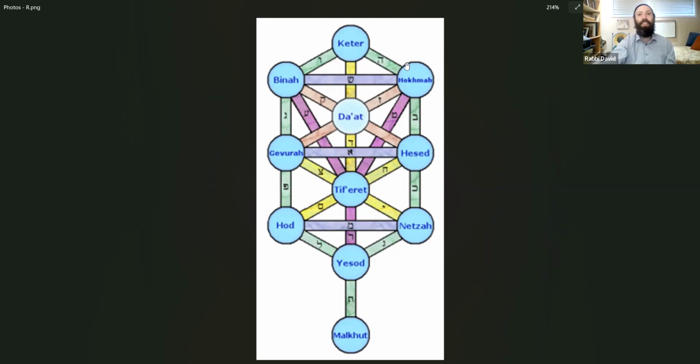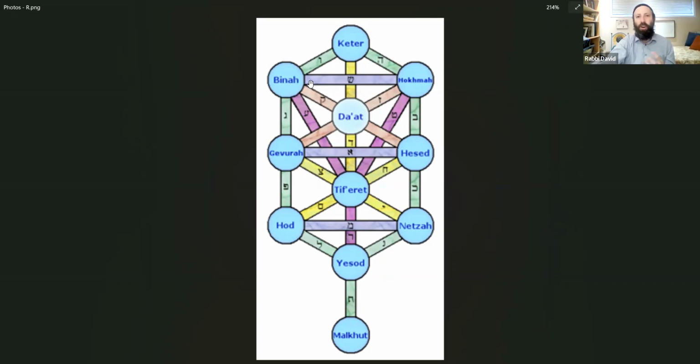Chokhmah is, let's say, the subconscious, things that are under the surface of what we know. It's not something that we know intellectually, it's just something that we sense, we recognize. Subconsciously, we know the truth. Bina would be our conscious experience, the way we are able to manifest and understand those subconscious experiences.